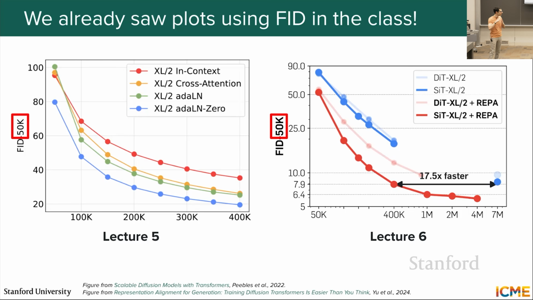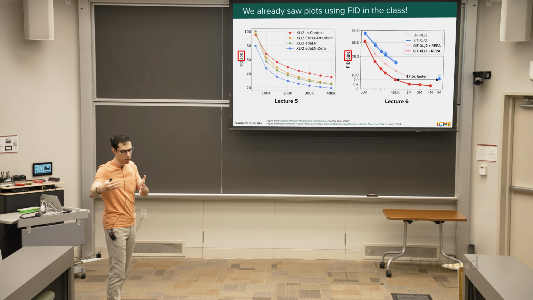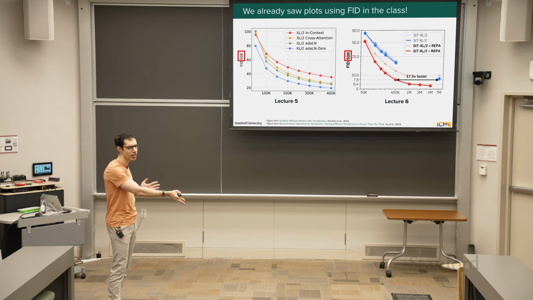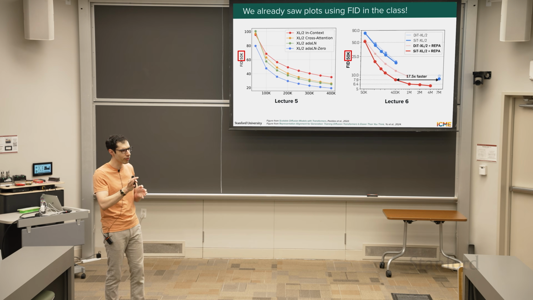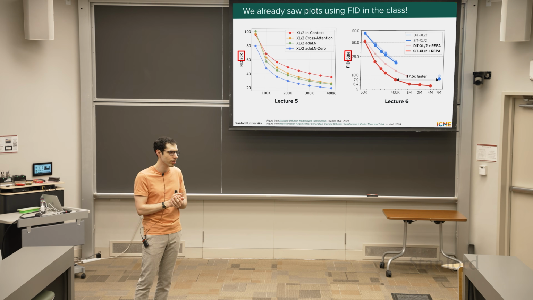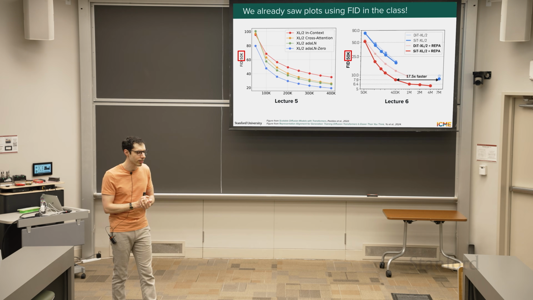So 50K here means that we have a set of 50,000 real images. So here what you would do is generate 50,000 generated images and compare that distribution with the set of 50,000 real images. But I've also seen 30,000, typically in the order of tens of thousands.